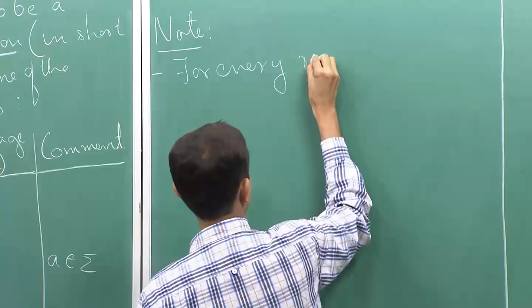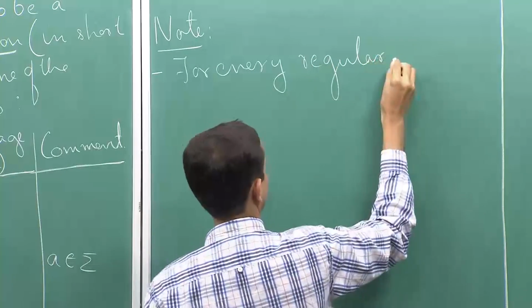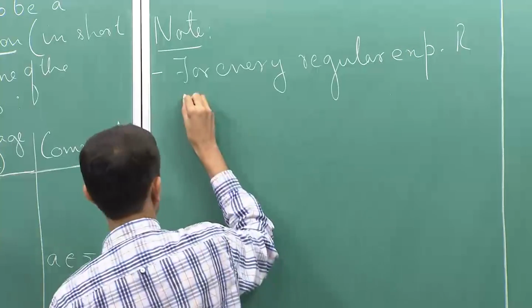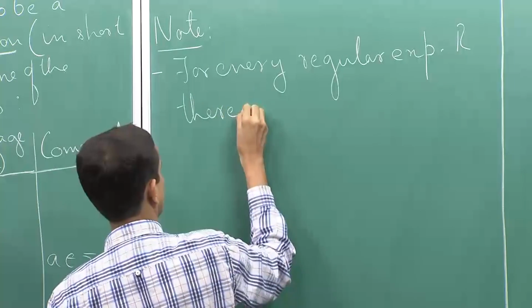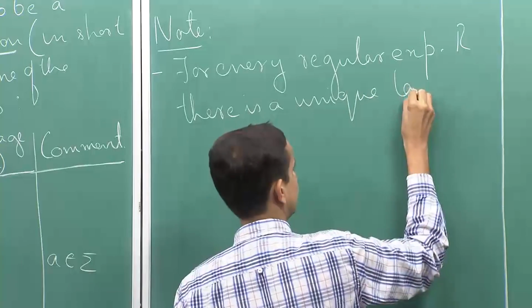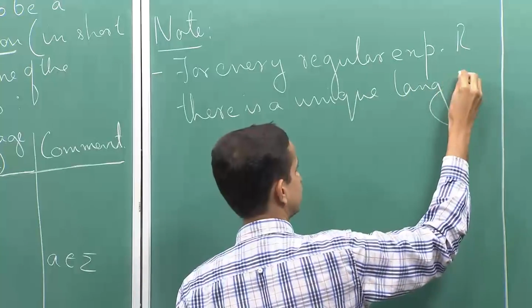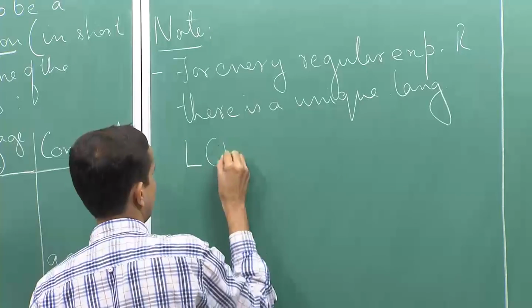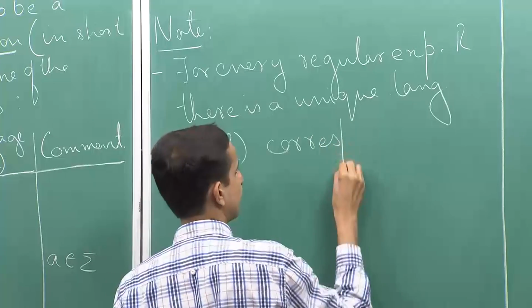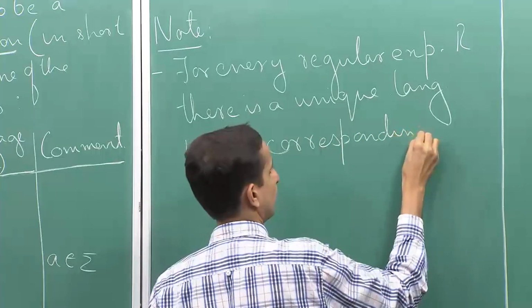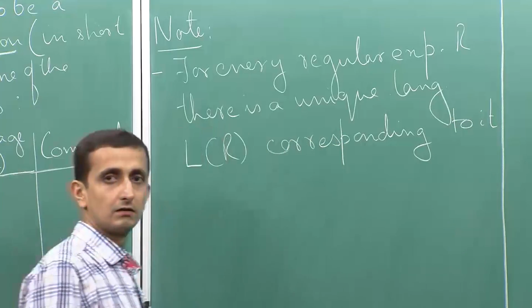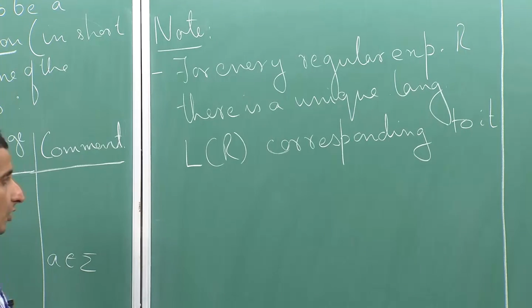For every regular expression R, there is a unique language L of R corresponding to it. Okay. But the converse need not be true.